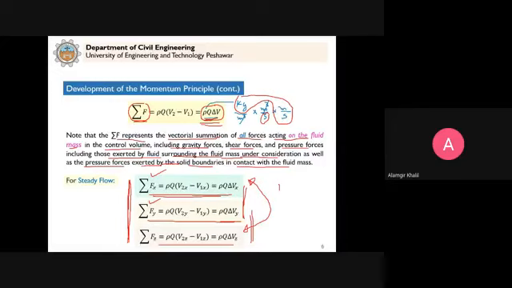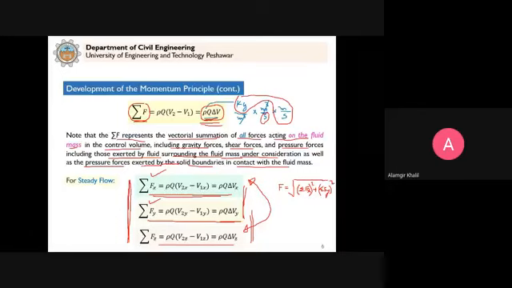For a two-dimensional flow, the total force will be simply equal to the square root of summation of Fx squared plus summation of Fy squared.